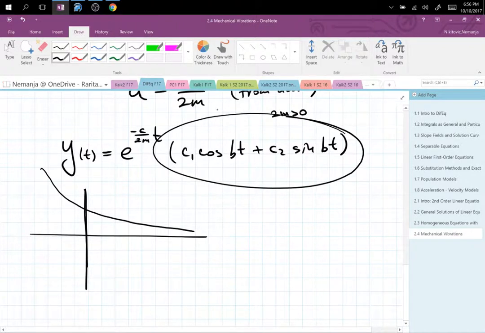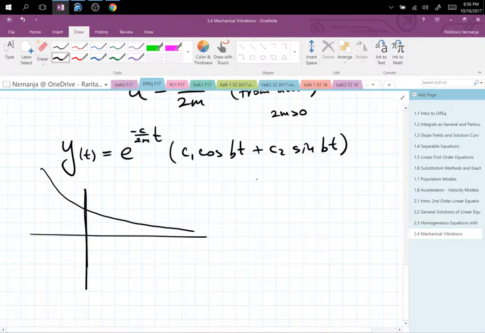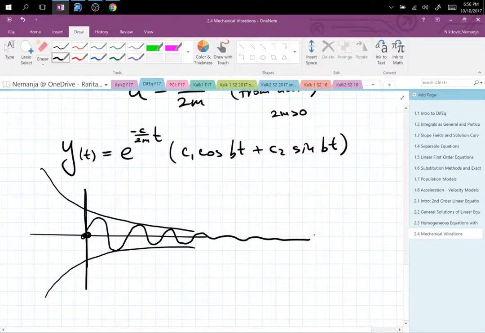But there's also this part, right? Exactly. So let's say you start oscillating here and it goes whee. And this is called a damped system. And this is exactly what happens, guys, when you have an object on a spring. It starts with a high amplitude, and it loses energy over time, and it loses energy over time, and then it stops.